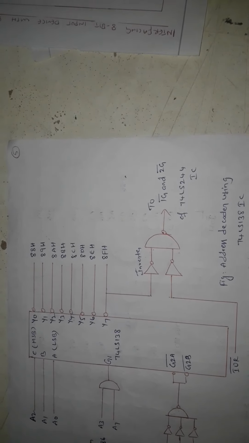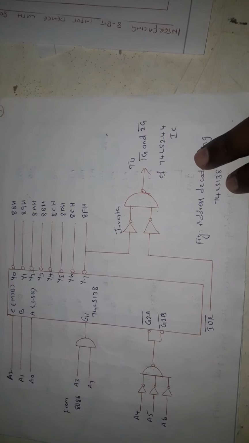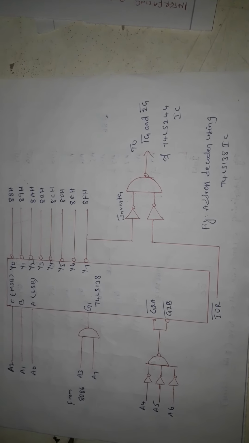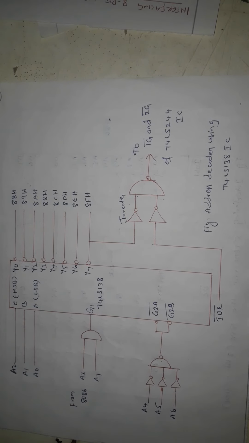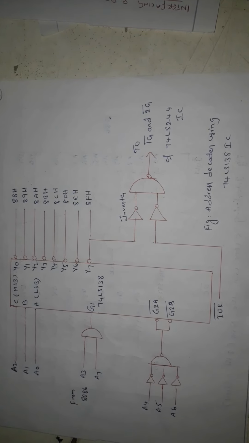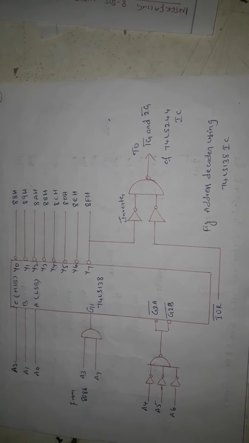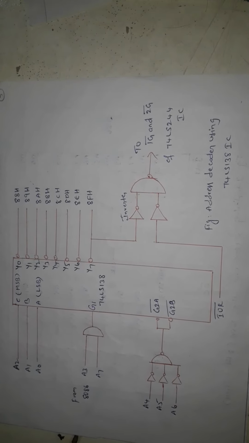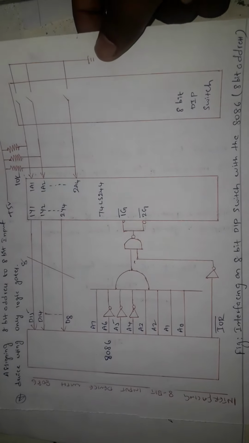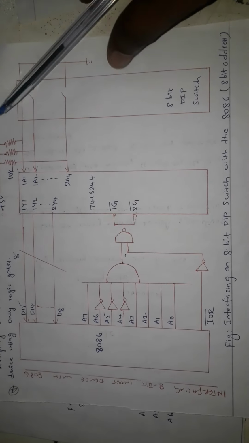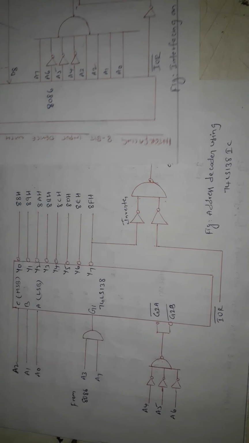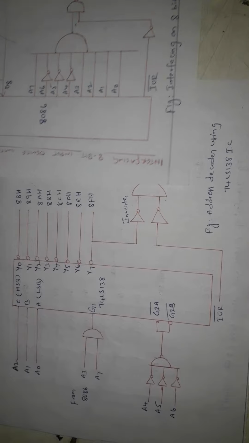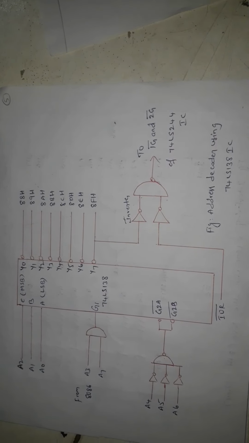So this is how the address can be assigned to the input device like a switch using a decoder. So we have seen both cases: one is assigning an address to the input device like a switch through the logic gates, and also through the decoder IC. Okay, now let us see how to interface an output device with the 8086.